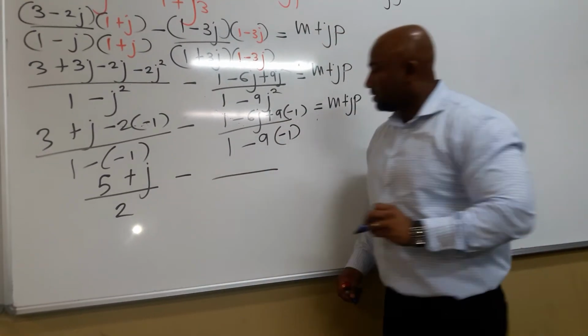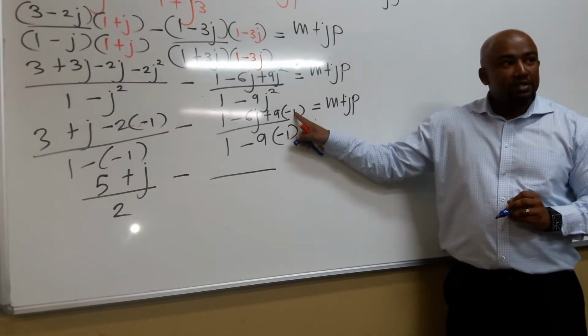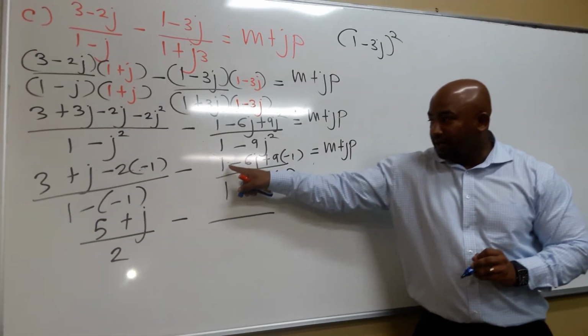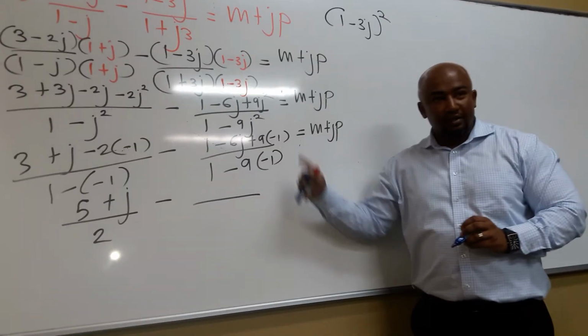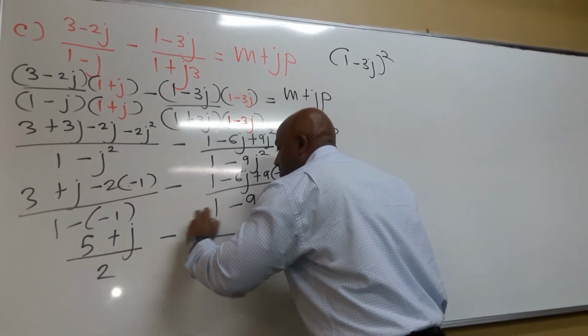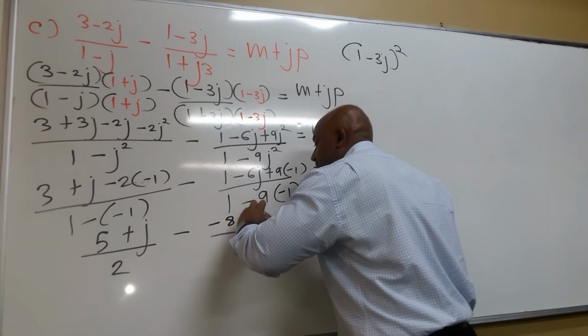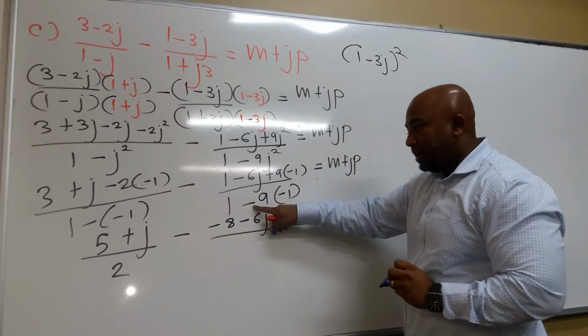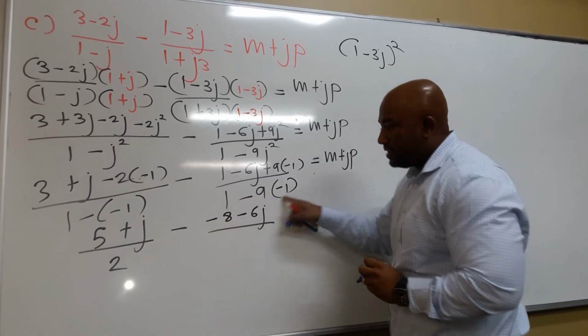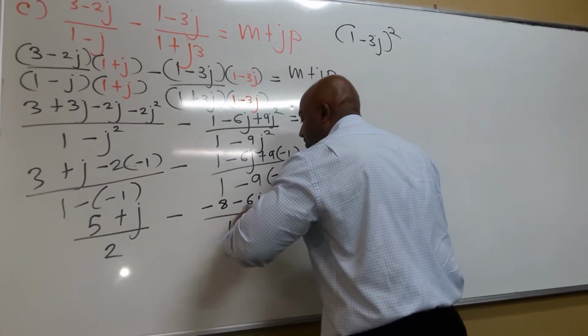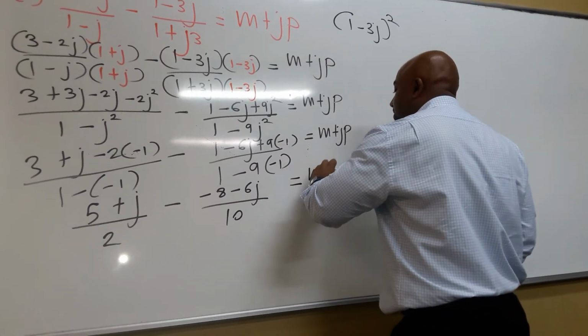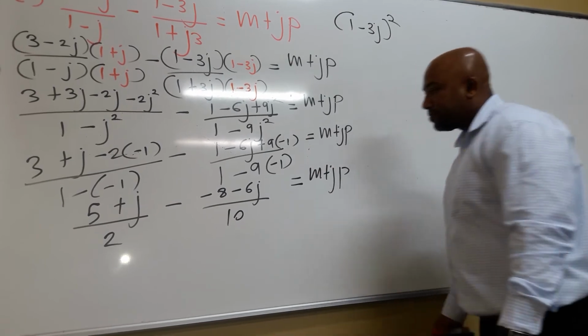Minus here, we got a positive times a negative there. So that becomes 1 minus 9, which is minus 8 minus 6j. And then you got minus times minus, which is a plus, 1 plus 9 is 10. Is equal to m plus jp.